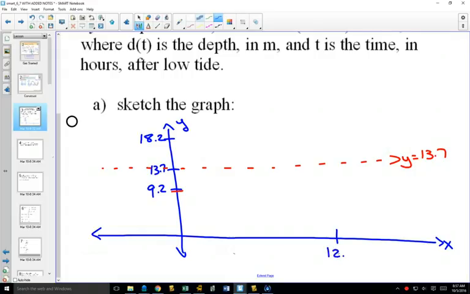So I'm going to mark 12.5 somewhere along my x-axis and then divide it into 4 equal sections. Wow, that's an ugly 2. 6.25, half of that will be 3.125, and then this will be 9.375.